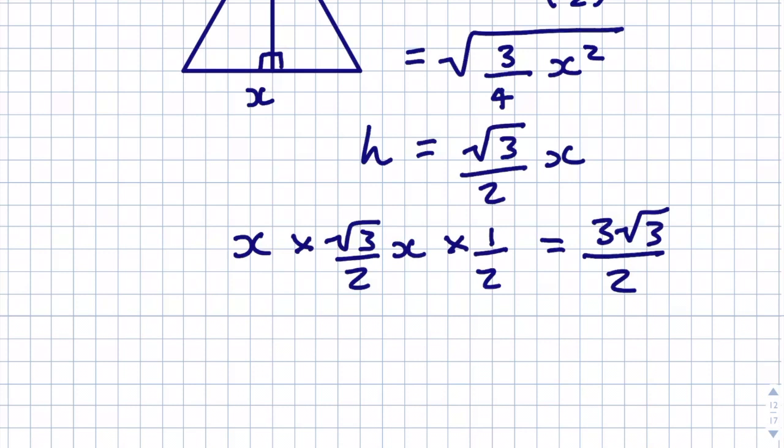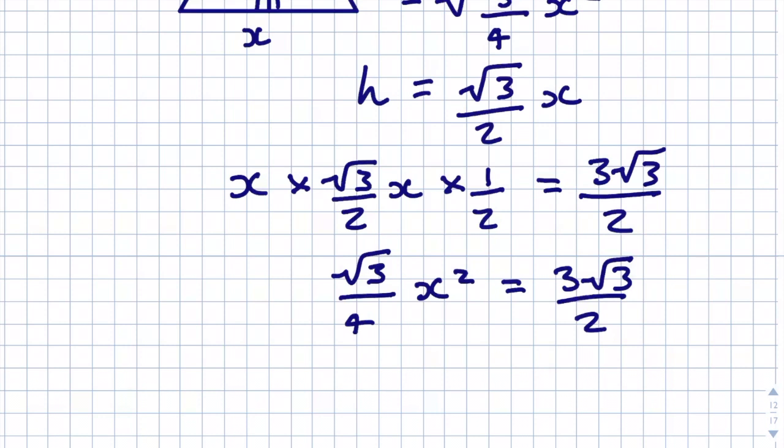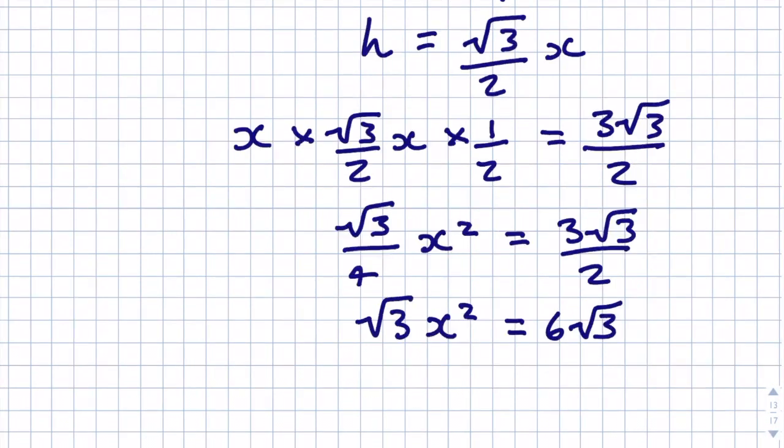Now this simplifies to root 3 over 4 x squared, and that's equal to 3 root 3 over 2. If we multiply both sides by 4, we get root 3 x squared equals 6 root 3. And then divide both sides by root 3, we get x squared equals 6.